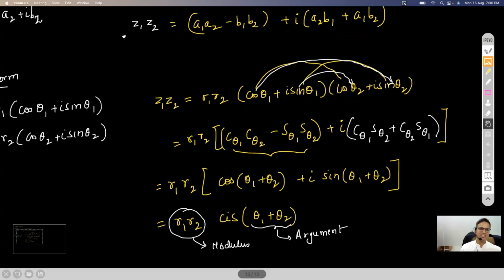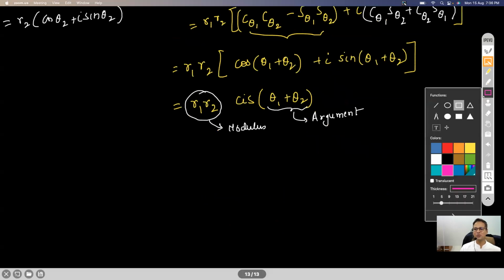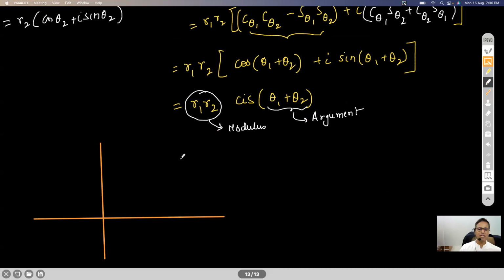So this tells us a very interesting fact related to the geometrical significance. If you are multiplying one complex number with the other, let's say I have a complex number Z1 at a distance of R1 with angle theta 1.